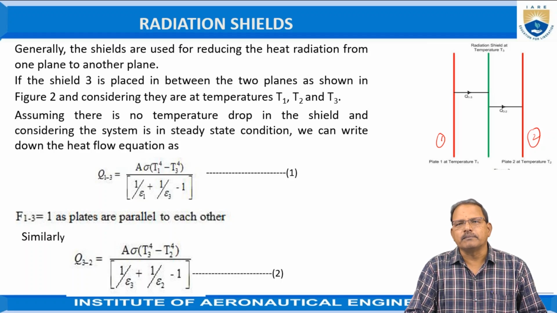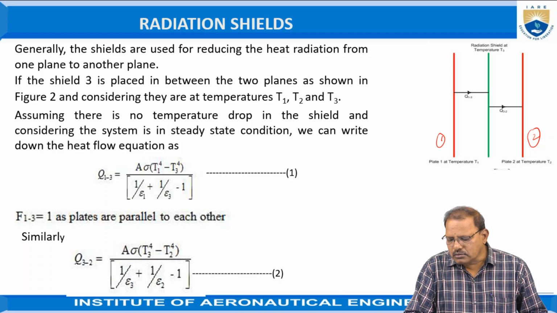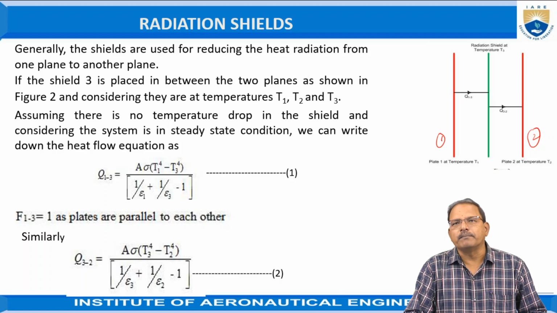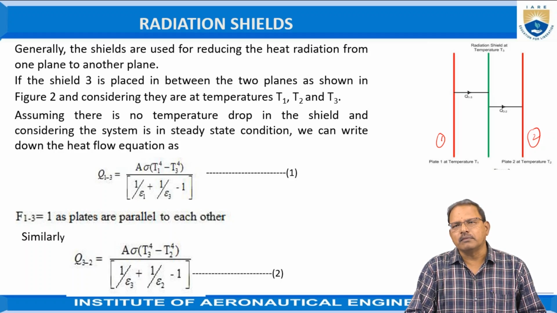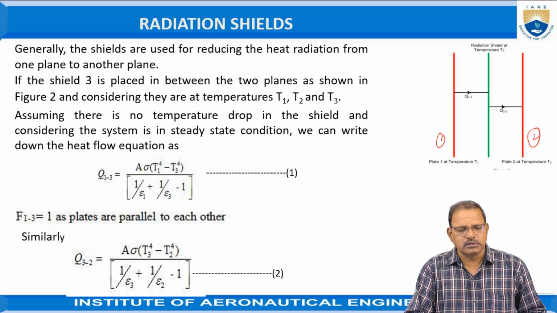Assume T1 is representing the temperature of the first body and T2 is representing the temperature of the second body, and assume one more surface that is kept between these two, which decreases the heat transfer from body 1 to body 2 by the radiation process. It is called the radiation shield.